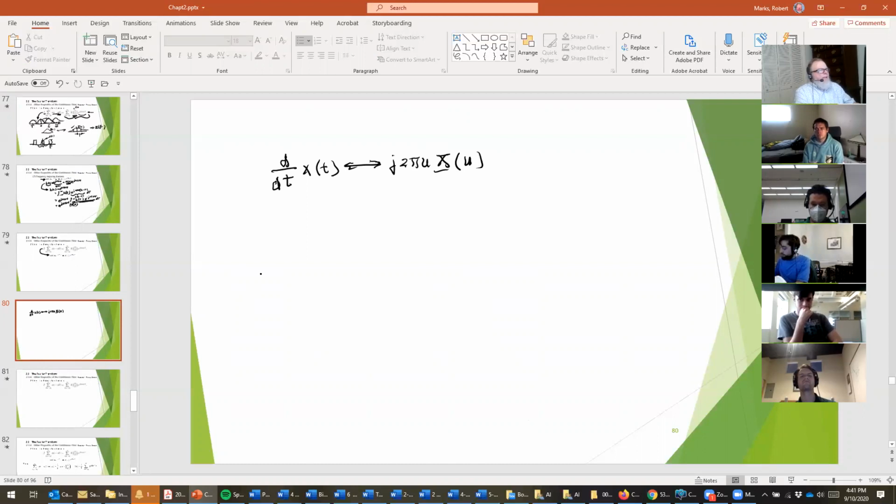The dual of that, remember, anytime you have a Fourier relationship, you can flip it around by the duality theorem. The dual of that is if you differentiate in the frequency domain, this again is a derivative theorem. This is the dual of the derivative theorem.